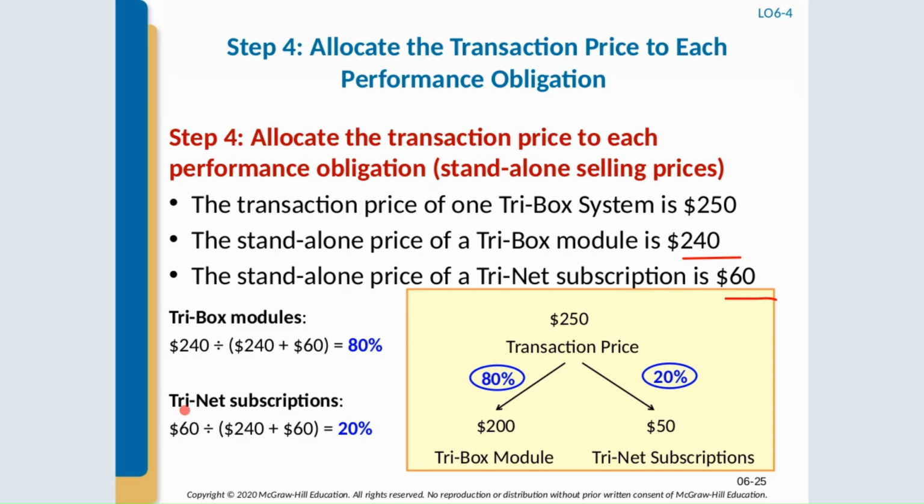And then the $60 divided by 300 is 20%. The other 20% we allocate to subscriptions. So that means that for every item that I sell, $200, I'm going to recognize the revenue at point of sale when I give it to the customer. And then the $50 we are going to have to defer until the subscription has expired, right?